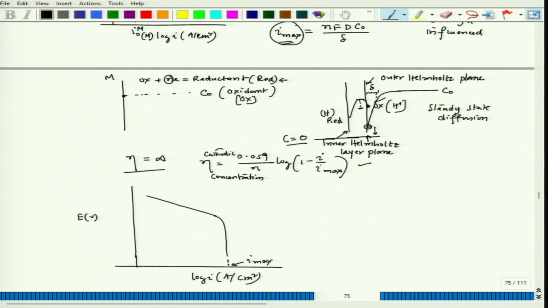Now, how the interaction of the metal dissolution, or the anodic polarization part, is taking place will decide whether it is concentration control or activation control.